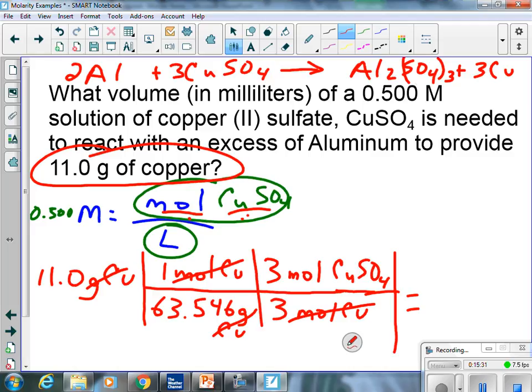So when I do the math, I'm going to get my moles of copper 2 sulfate to be 0.1731 mole of CuSO4.